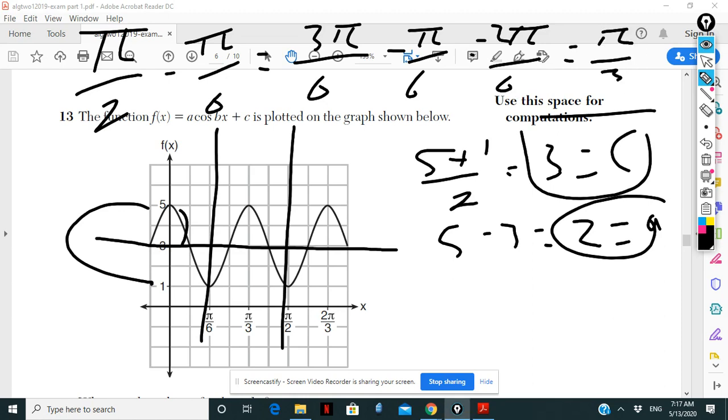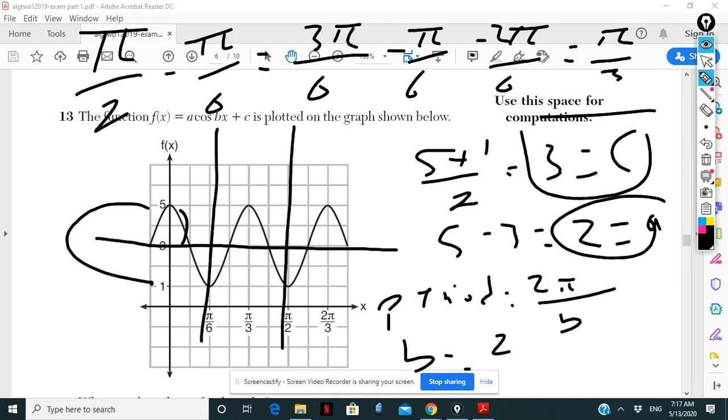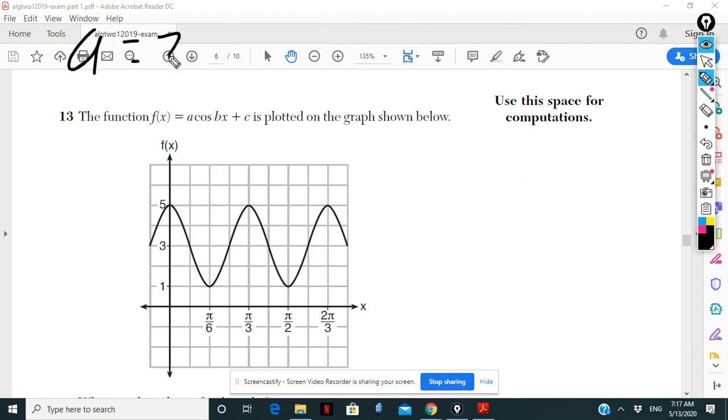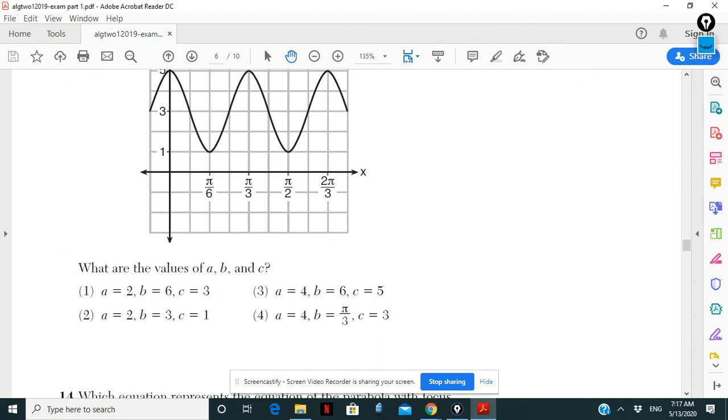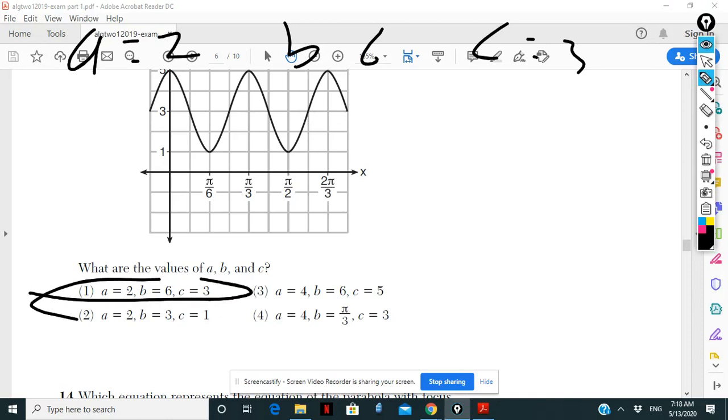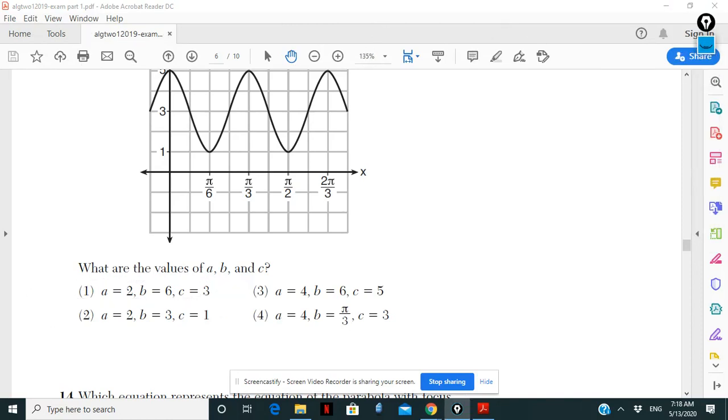Now this period equals 2 pi over b. So the b value is 2 pi over the period, which is pi over 3. Keep, change, flip: 2 pi multiplied by 3 divided by pi, so it's 6. So a is 2, b is 6, c is 3. Now I'm going to check which one has these values. It's number 1. So the answer is 1.